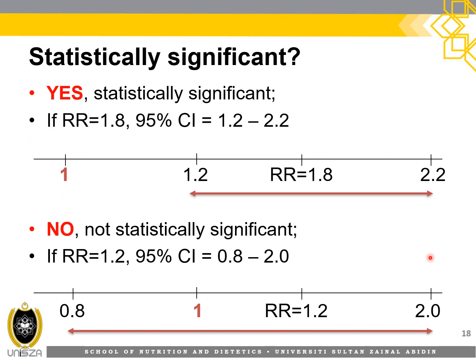When the RR or OR is not statistically significant, as in this example, the RR is 1.2 and the 95% confidence interval is 0.8 up to 2.0, which passes the value of 1. It means that this RR value is not statistically significant.